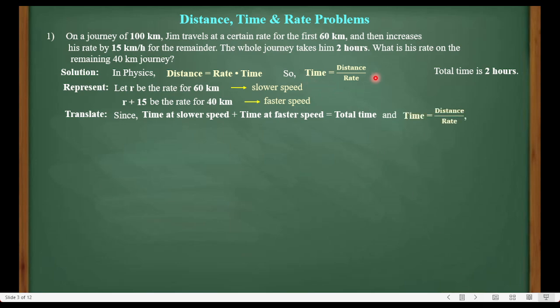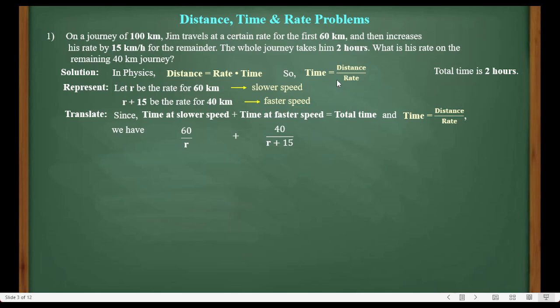And of course, we use this formula. We're going to express the time for both terms in terms of the ratio of the distance and the rate. For the first term, the time at the slower speed is equal to 60 kilometers traveled divided by his slower speed, which is r, plus the time at the faster speed, which is equal to his remaining 40-kilometer trip divided by his faster rate, which is r plus 15.